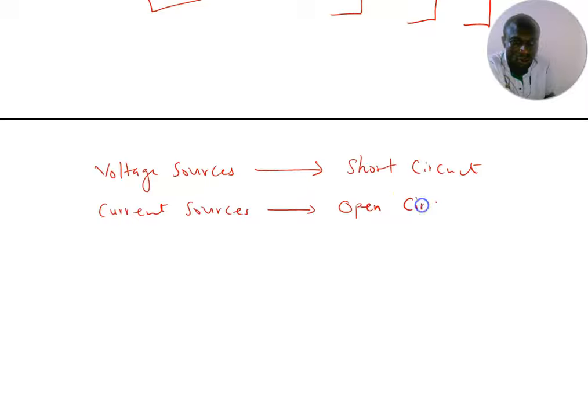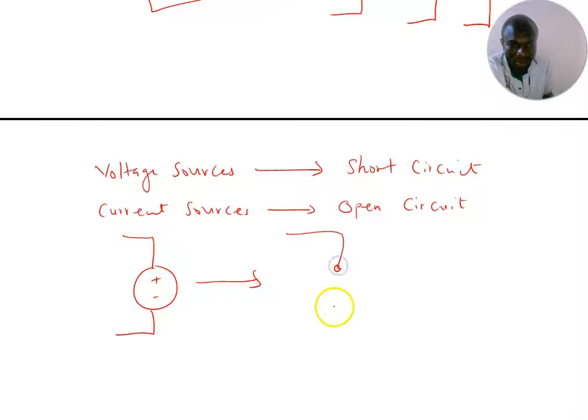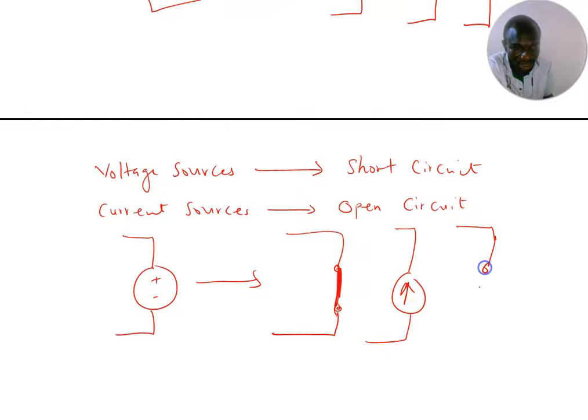These are the two key things that you need to know when removing elements. If I have a voltage source and I'm removing it from a circuit, I just replace it with a short circuit. I short circuit the path. And if I have a current source, I replace it with an open circuit.